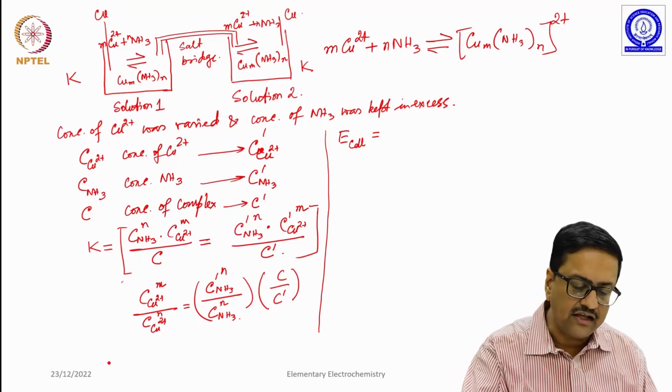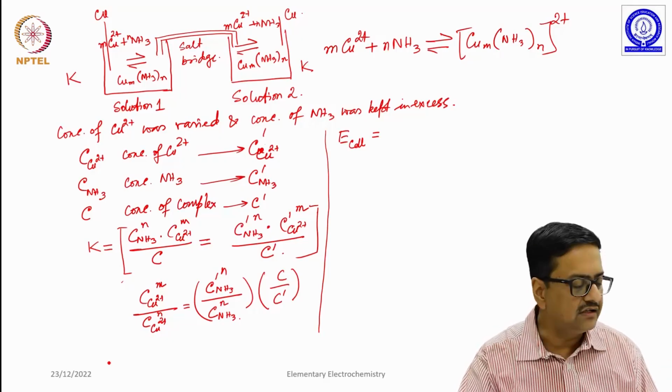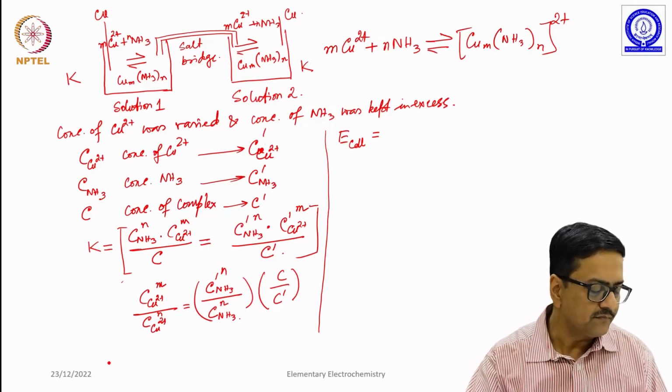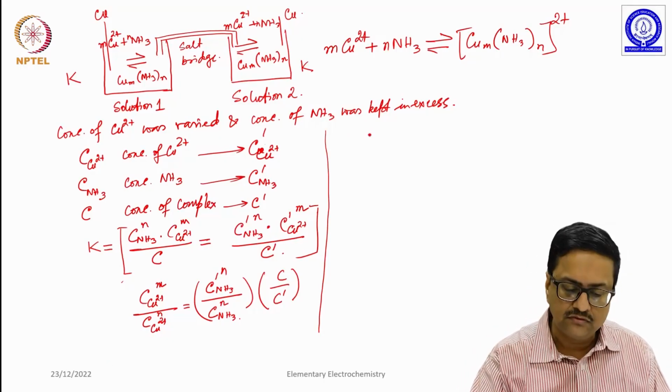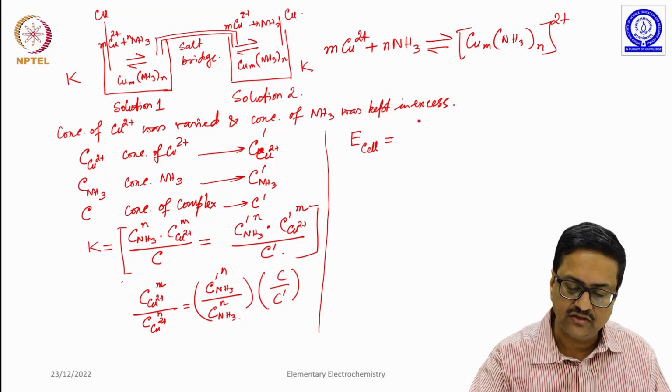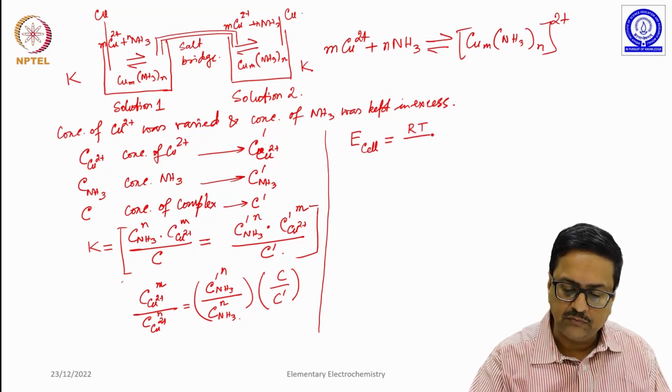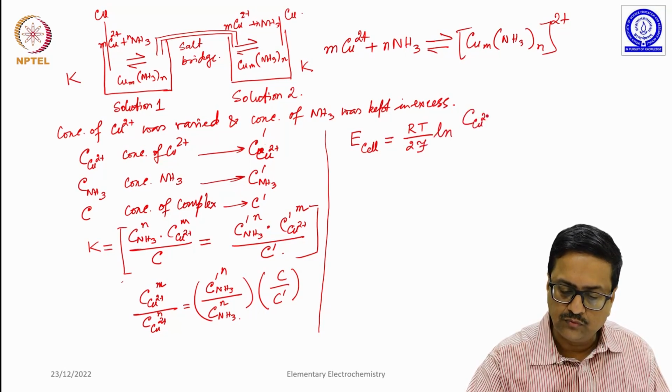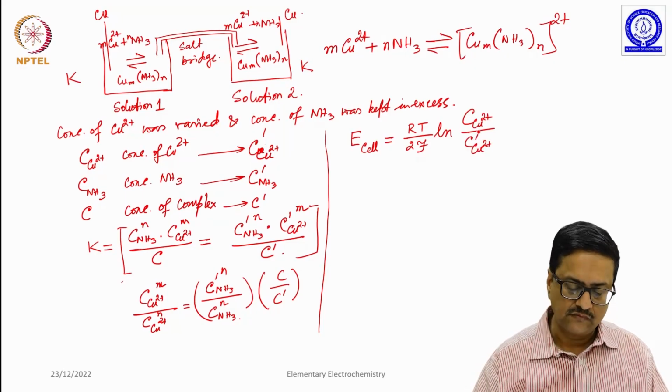We will come to that. The ammonia concentration can be thought to be equal. So, by coupling these two solutions using a salt bridge, one can write down the E cell as equal to RT by 2F ln C Cu2+ divided by C Cu2+ prime.